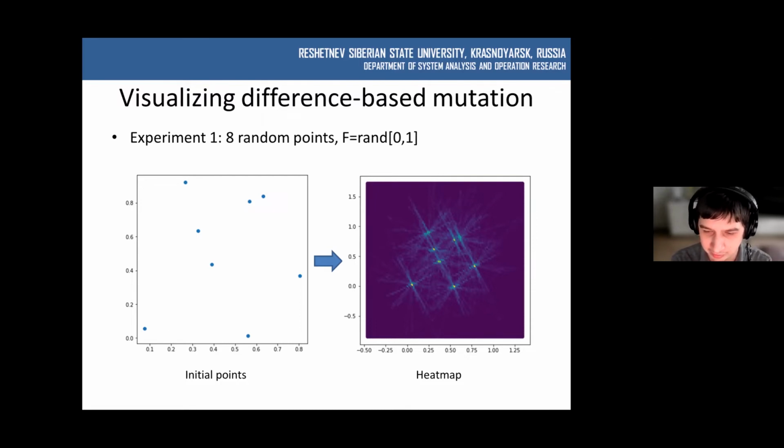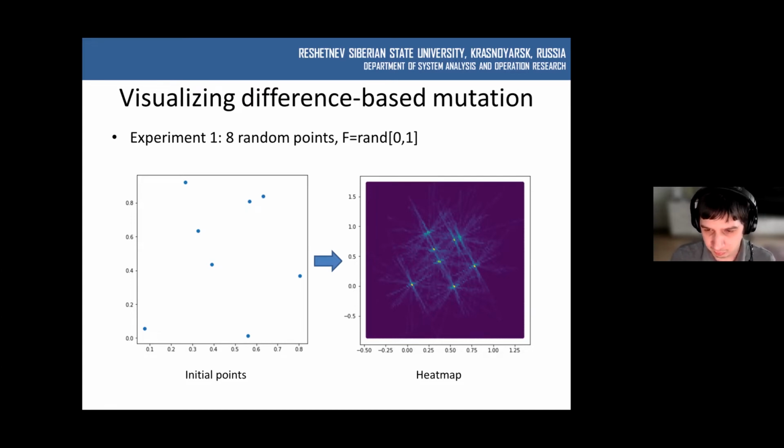So we have directions in which the algorithm will search. Around each point, we can see that there are such rays, and they go only in particular directions. In other directions, they do not exist, because there is no way to get this direction with points that are currently present in the population.